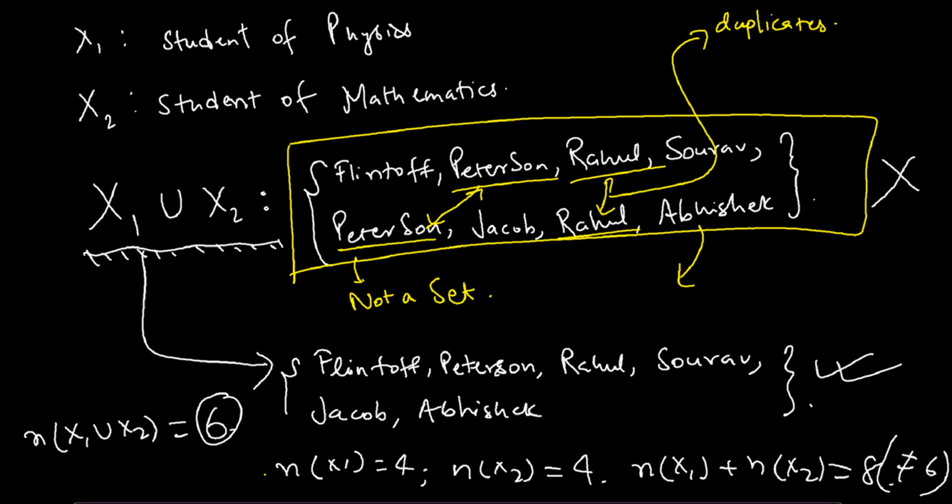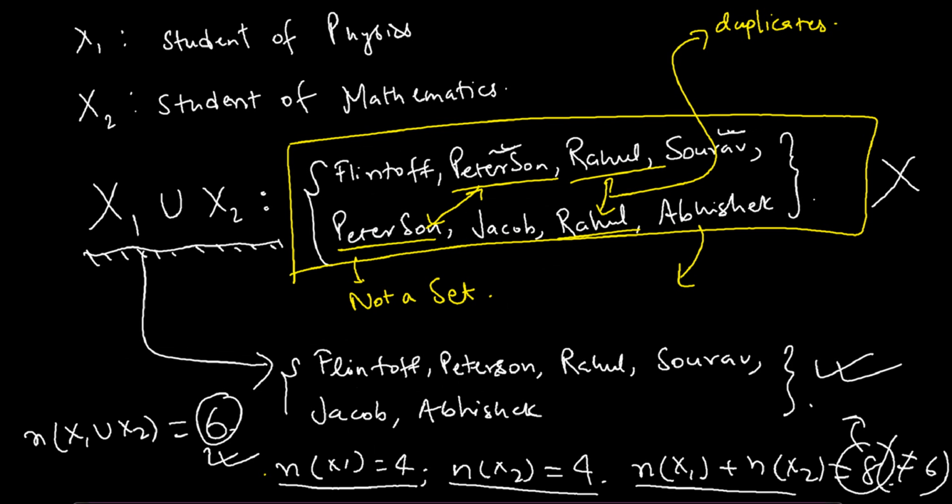So look at this. The number of elements is what? 6. So the number of elements in X1 is 4 and the number of elements in X2 is 4. The number of elements in X1 plus X2 is 8. So in this 8 you are counting Peterson twice and Rahul twice.